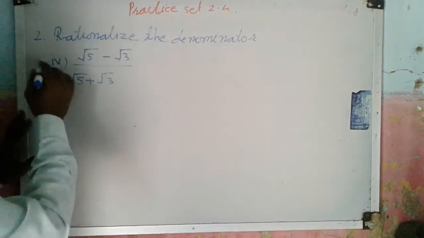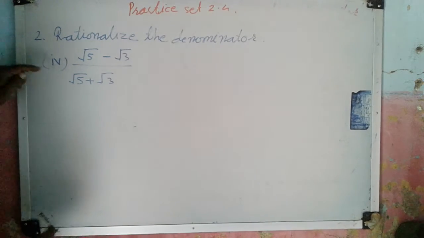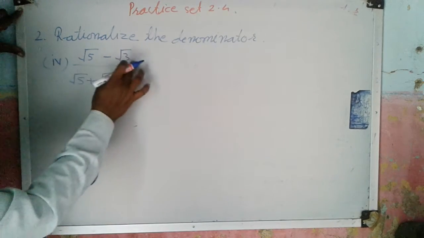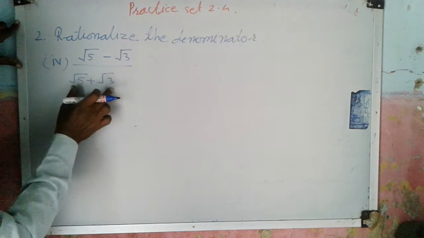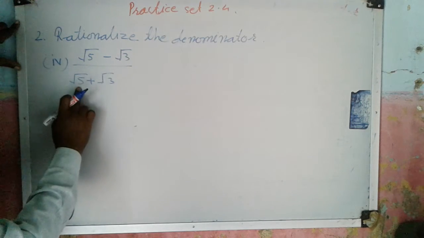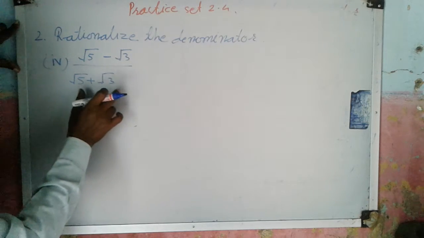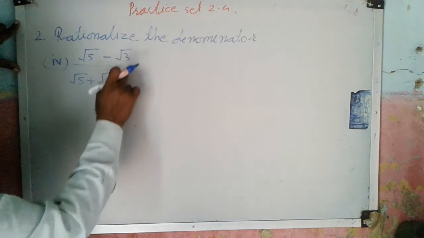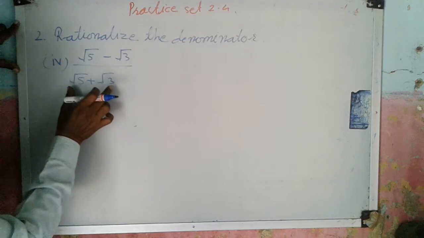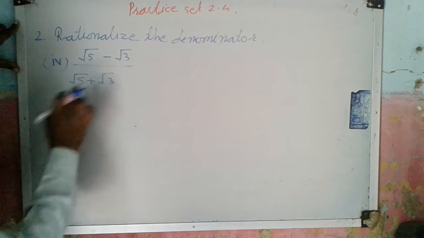Now question number 2, rationalize the denominator. Here the given example is root 5 minus root 3 upon root 5 plus root 3. At the denominator we have root 5 plus root 3, so we will multiply both numerator and denominator by the conjugate pair of the denominator.